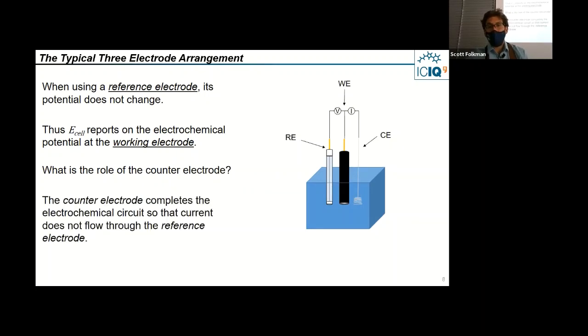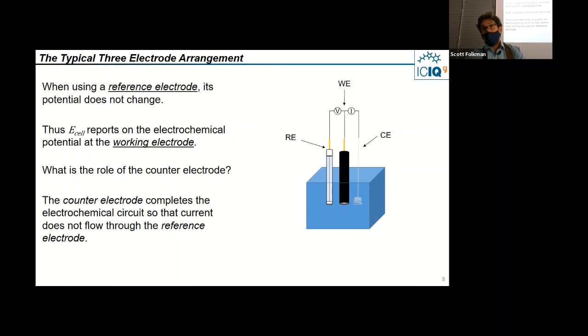So the counter electrode is the electrode through which current flows. If we flow current through the reference electrode, we would change the concentration of the redox species, and that would then change the voltage of the reference electrode. So the counter electrode completes the electrochemical circuit by compensating whatever current is passing through the working electrode.